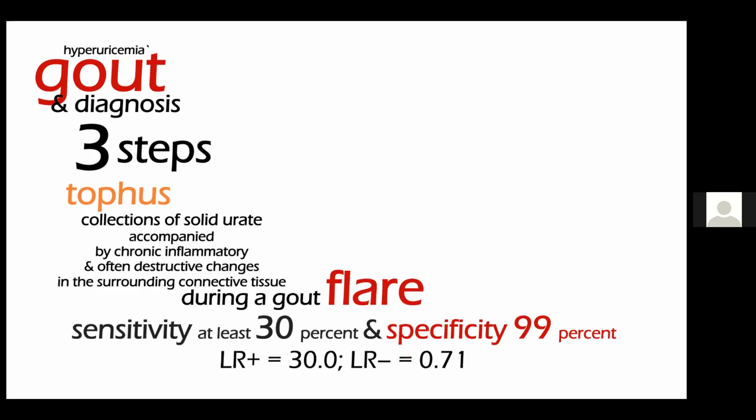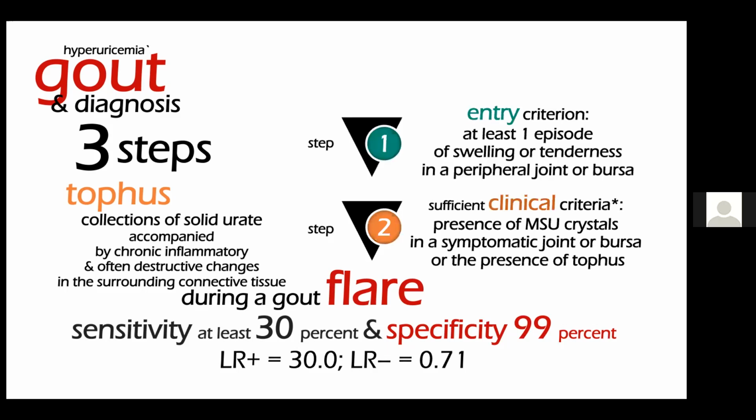And as we see here, during a flare, if there is a presence of tophus, which is not as sensitive as the crystals are when we do the tap, it is closely specific because it's just under 100% specific when we identify tophus in a patient that we suspect of having gout after we went through step 1 and now that we are at step 2.